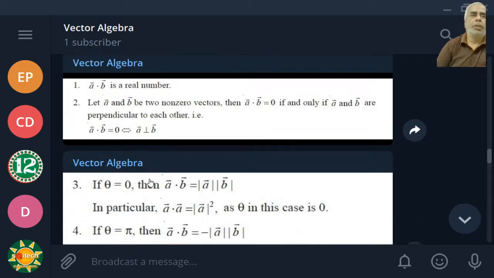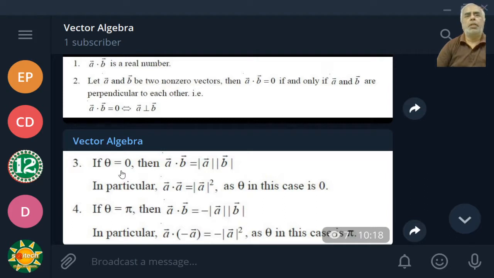The third observation is when theta is equal to 0. What do you mean by that? A and B are moving in the same direction. Let me say this is A and this is B. The angle between them is 0, which means they are collinear, so almost one lies on the same line as the other.